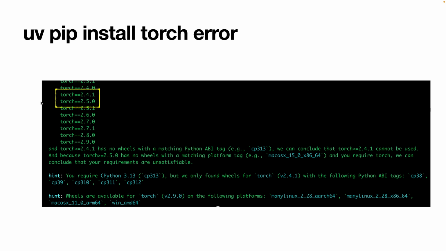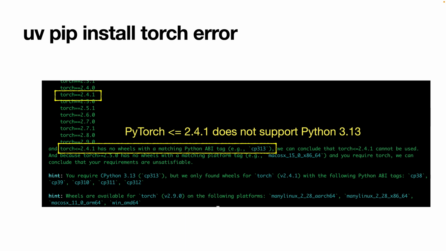As you can see here, this is a list of all the available torch packages. The issue is these two versions: we have 2.4.1, and the next version is 2.5.0. What this message is saying is that version 2.4.1 doesn't support the new version of Python, which is Python 3.13.